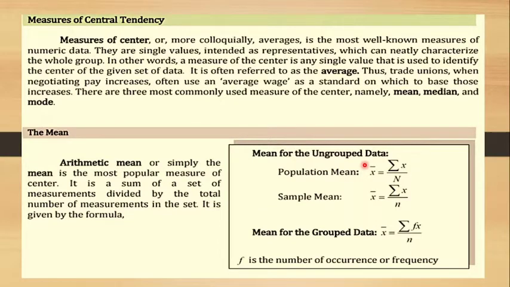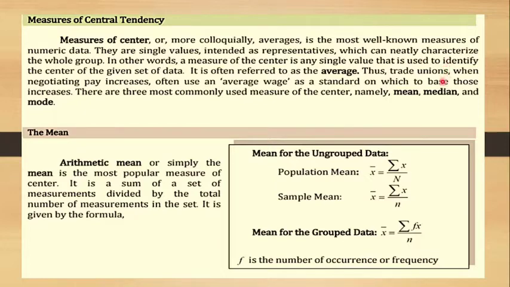So we have here the measures of central tendency. So measures of center, or more colloquially average, is the most well-known measures of numeric data. So they are single values intended as representatives which can neatly characterize the whole group. In other words, a measure of the center is any single value that is used to identify the center of the given set of data.